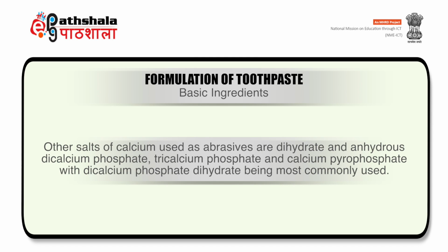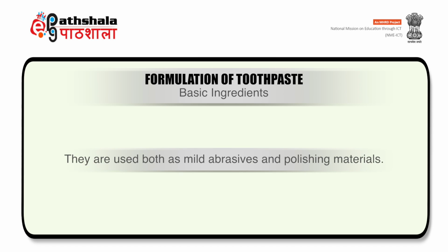Other salts of calcium used as abrasives are dihydrate and anhydrous dicalcium phosphate, tricalcium phosphate and calcium pyrophosphate. Dicalcium phosphate and tricalcium phosphate both are used as mild abrasives and polishing materials.